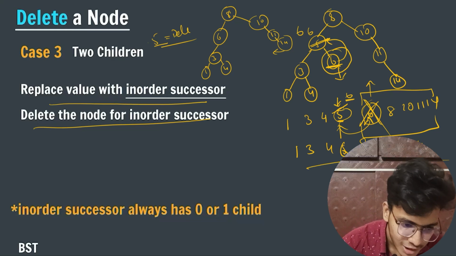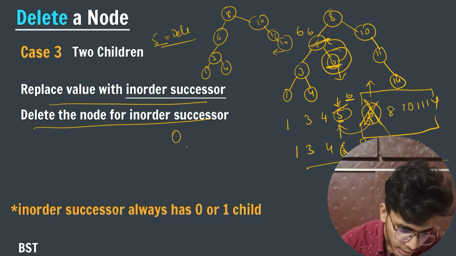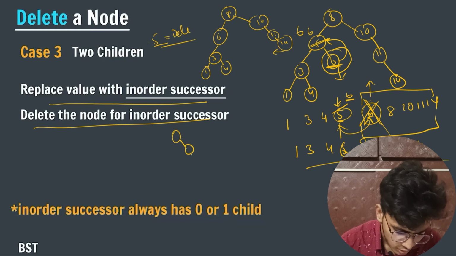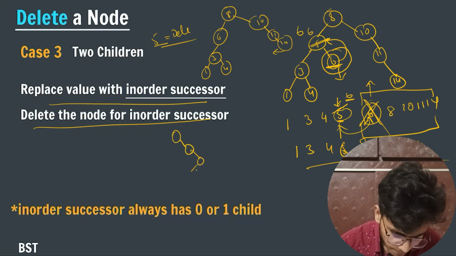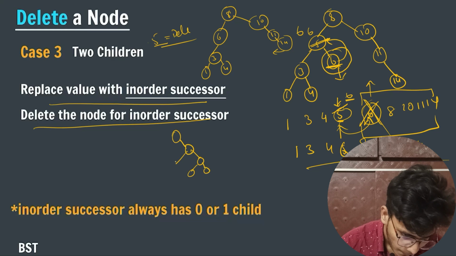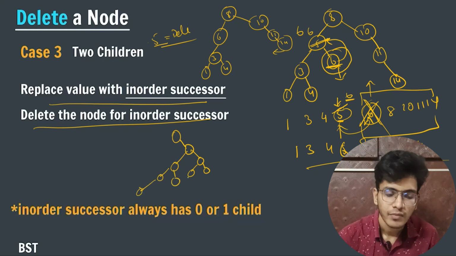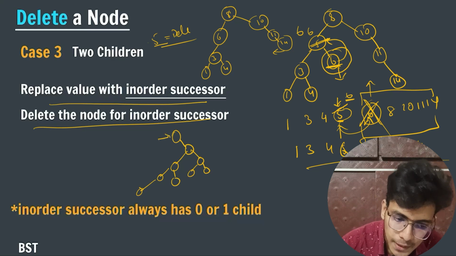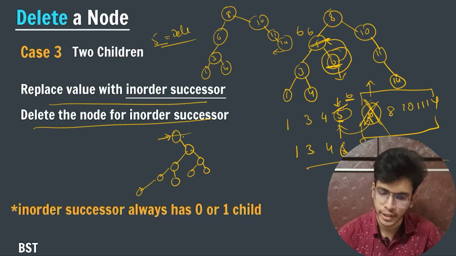So let's say that this is my tree, and this is my right part. Now I want to delete this particular root node, or whatever the node it is.